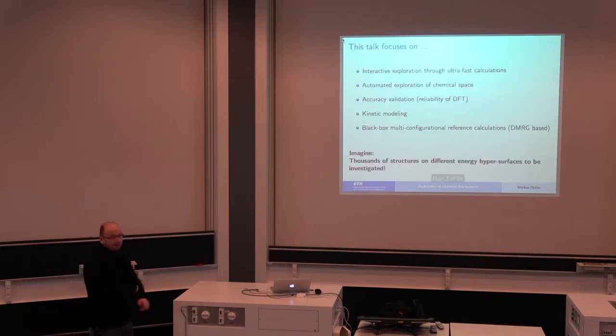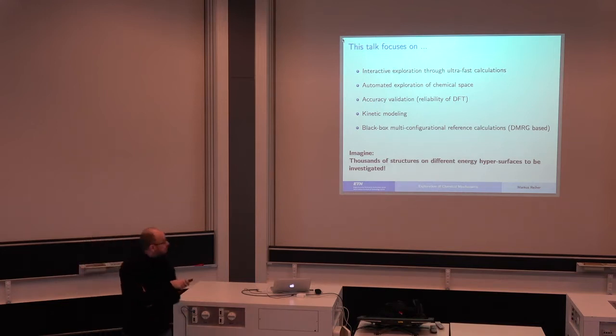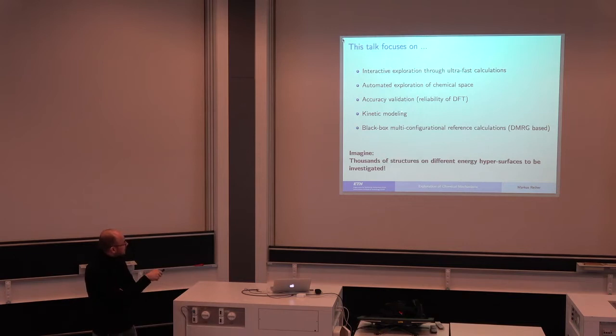So the talk that I'm presenting here will focus on these points: an interactive exploration of structures through ultra-fast quantum chemical calculations, accompanied by an automated exploration, accuracy validation, where we will mostly deal with the reliability of DFT, then kinetic modeling, and finally the generation of accurate reference data in an automated way. Okay? And so the starting point is a chemical problem now.